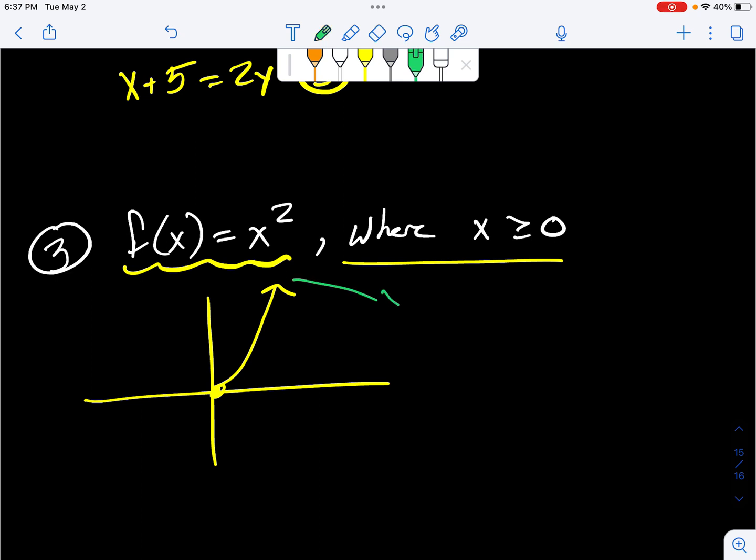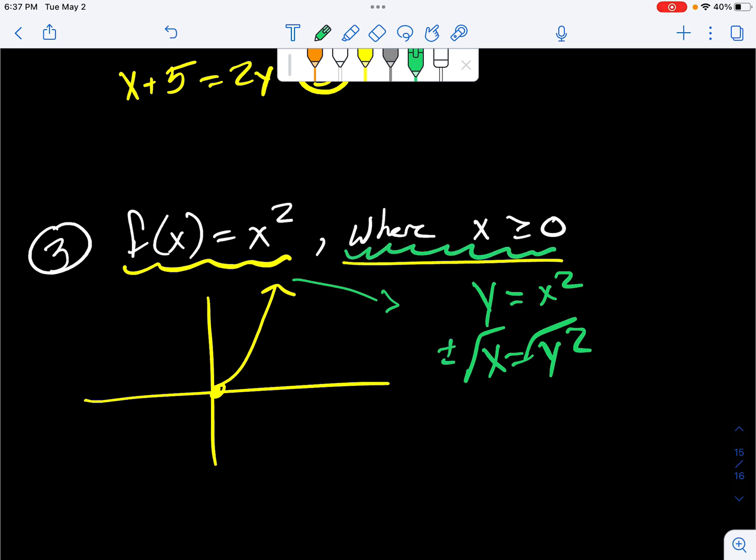Now, we would go and take our inverse. So we'd write it as y equals, switch our x and our y, and now we would square root both sides. Now, you guys know, I'm sure all of you are thinking right now, when we square root both sides, we can't forget our plus or minus. Well, because of this restriction that they put on, x is greater than 0, we are not worried about the negative of this graph.